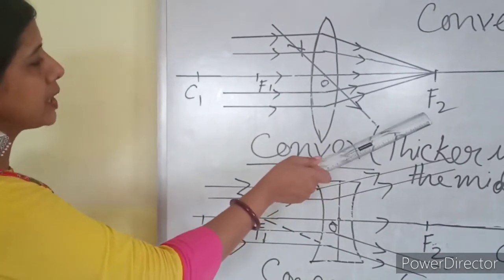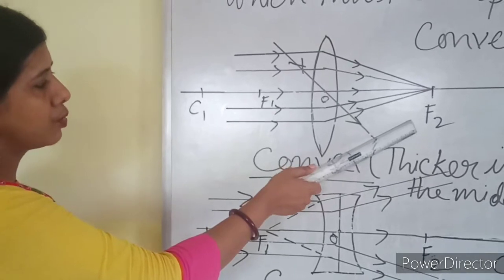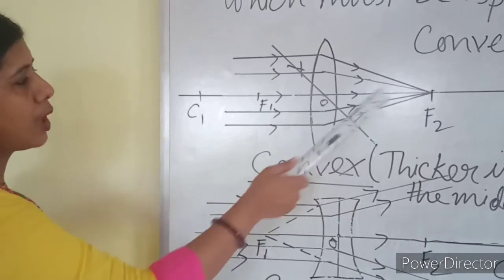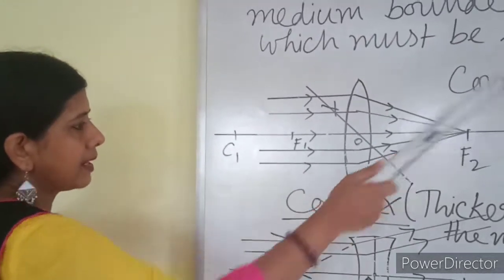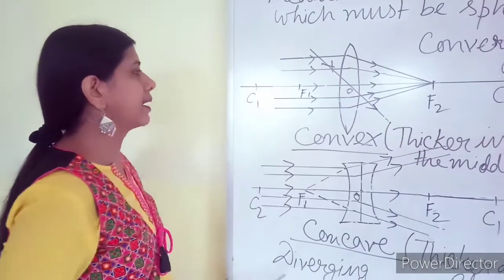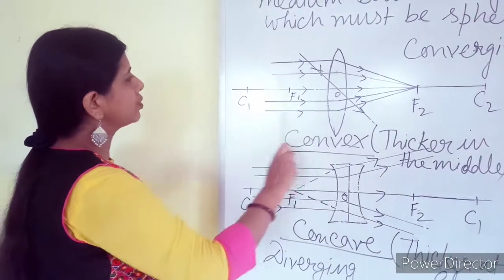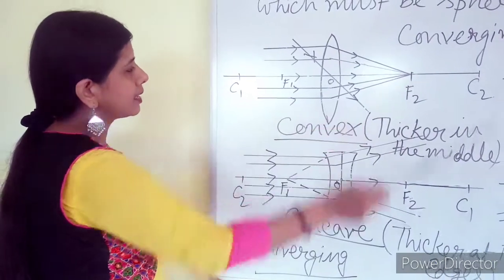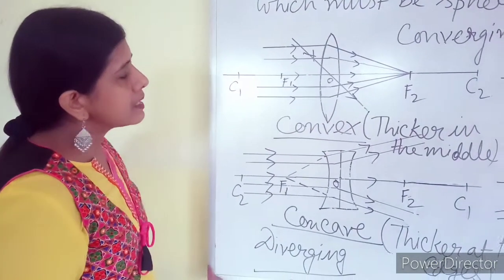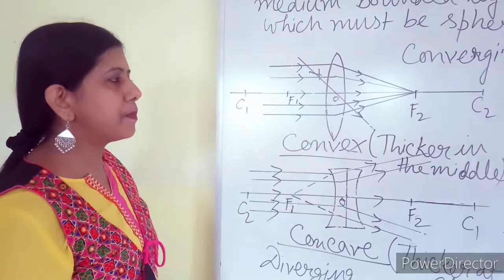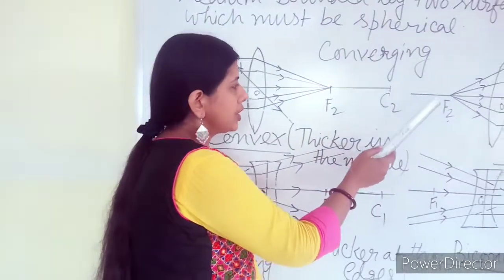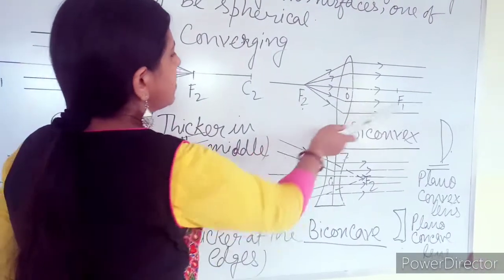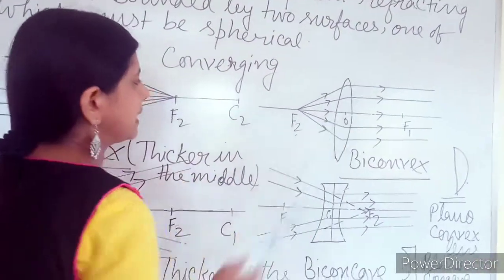This F2 generally we are going to use in our work, and this is known as the principal focus. I have drawn both diagrams, this diagram and that diagram. In this diagram, I can see the rays of light which are coming parallel to the principal axis, after refraction, they are converging at a point. I can also define the focus as a point from which if light rays come, after refraction they become parallel to the principal axis.